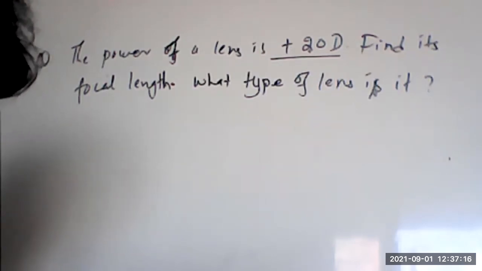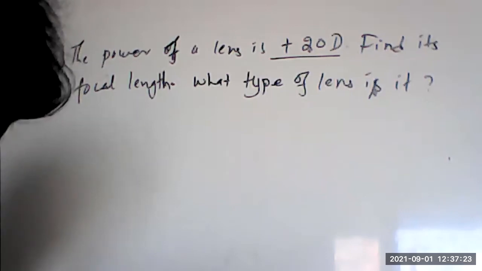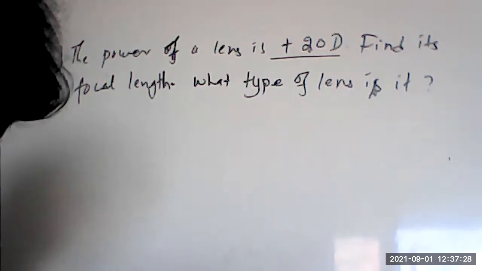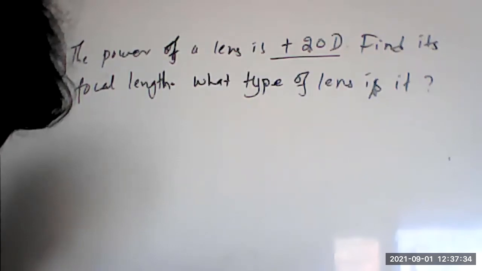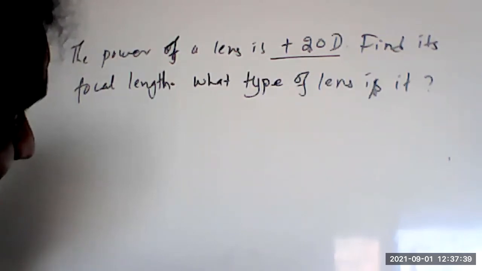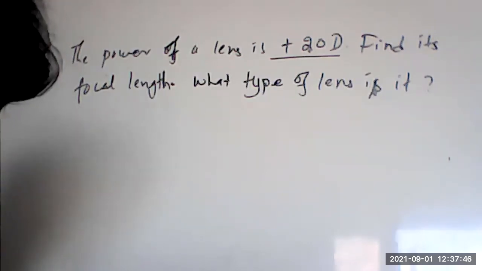0.05 meter. Karun, 20 meter. कति? Prince, कति आयो? Plus 20 meter. Karun, कति आयो? 20 meter.